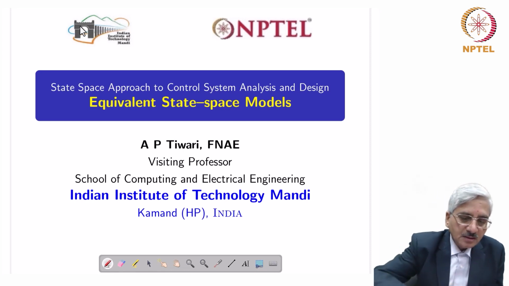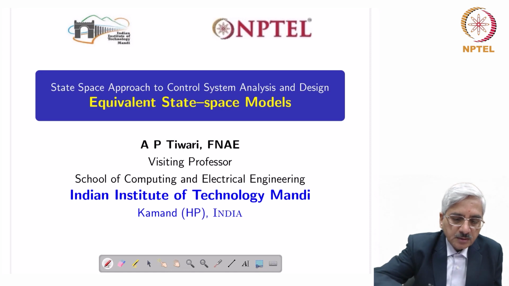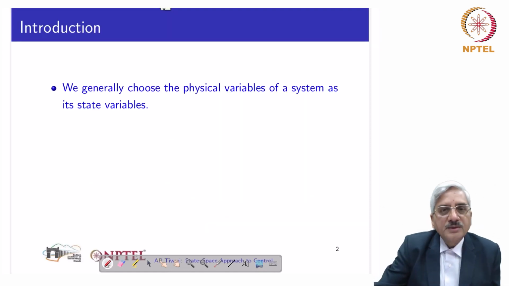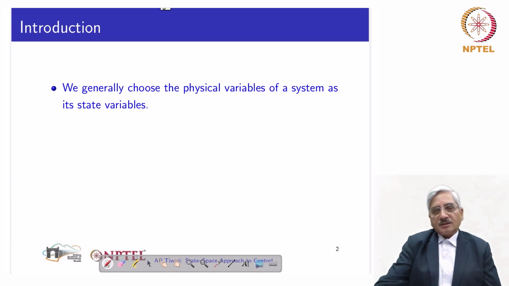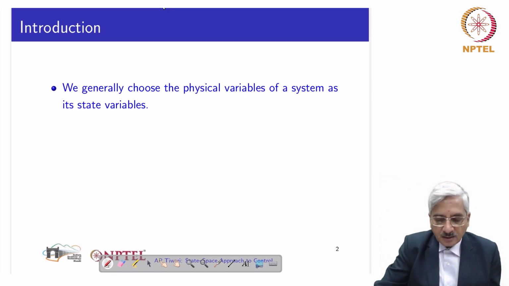So in the last lecture, when we were discussing the conversion of transfer functions into state space models, we saw that we can get from the transfer functions mathematical models which are either in diagonal, Jordan, or companion forms, various canonical forms.